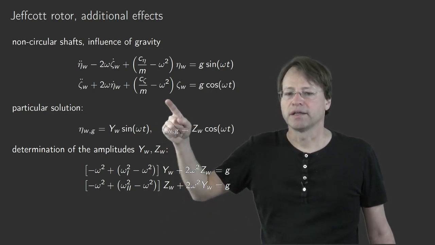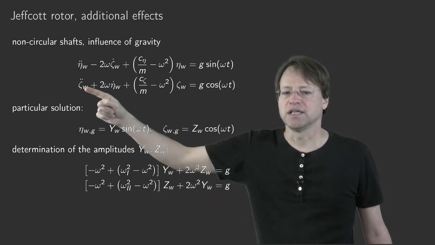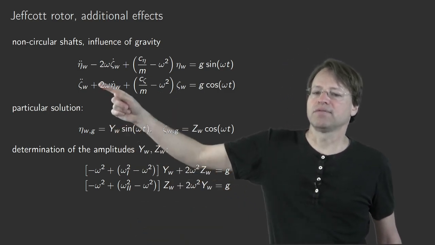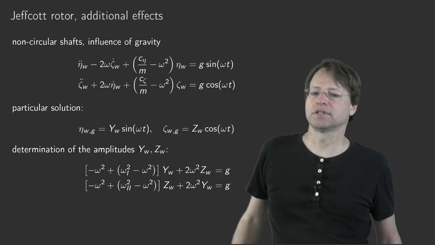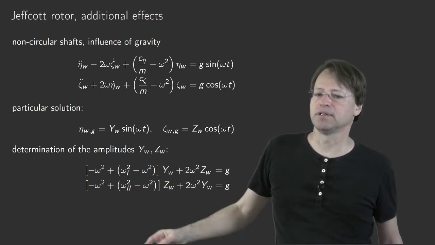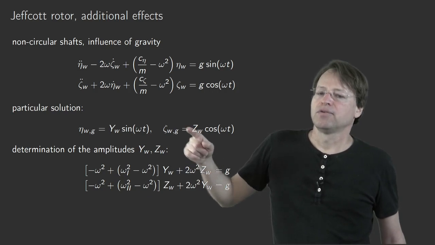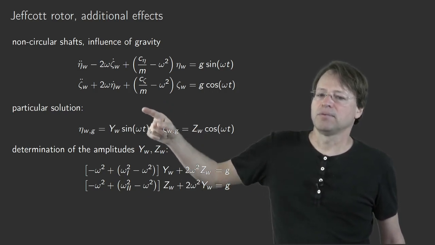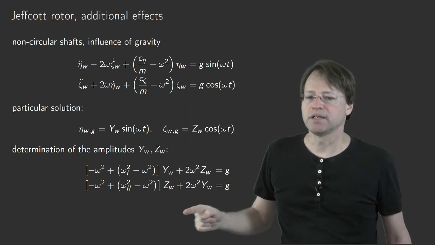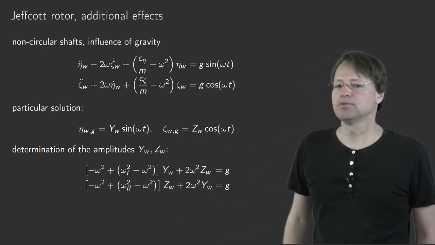Now we have to look at the terms in zeta. For the first term, we have the second derivative of the cosine, which is then minus cosine omega squared Z sub w. And then for the stiffness term, we have omega 2 squared minus omega squared multiplied by Z sub w.